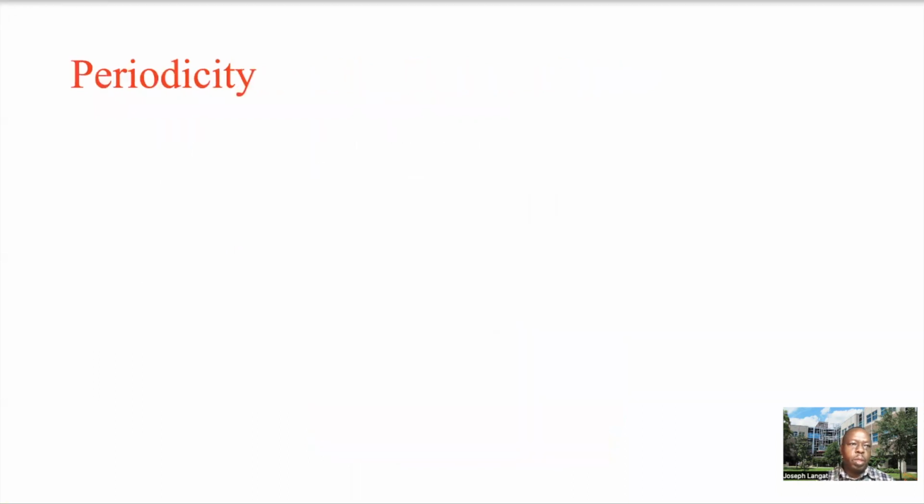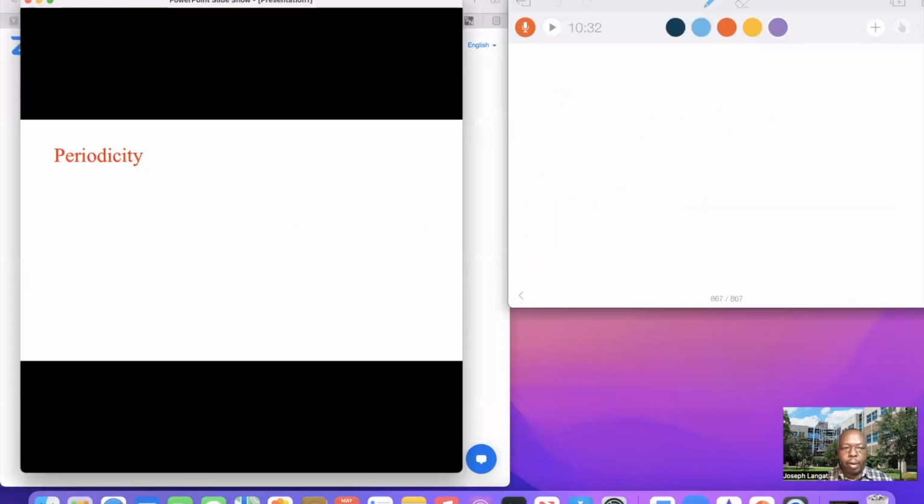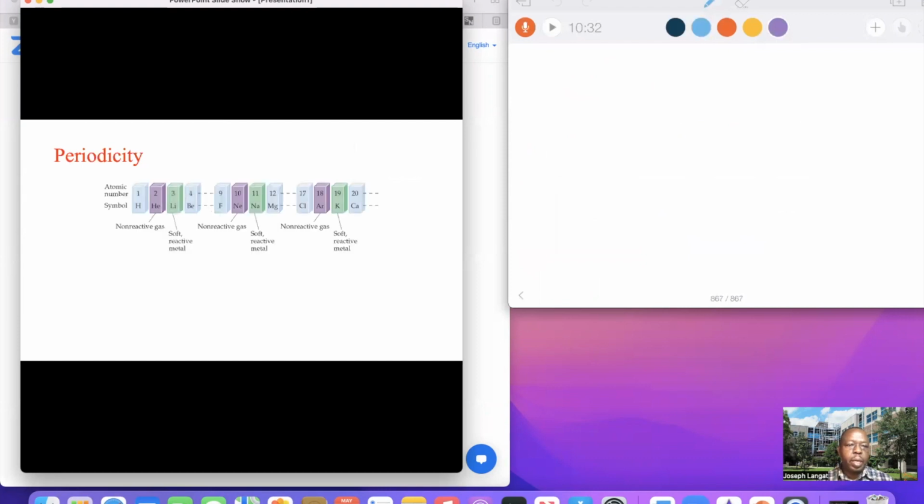Now, there is what we call the periodic law, or periodicity, which states that when elements are arranged according to increase in atomic number, certain chemical properties recur, reappear, or repeat themselves.